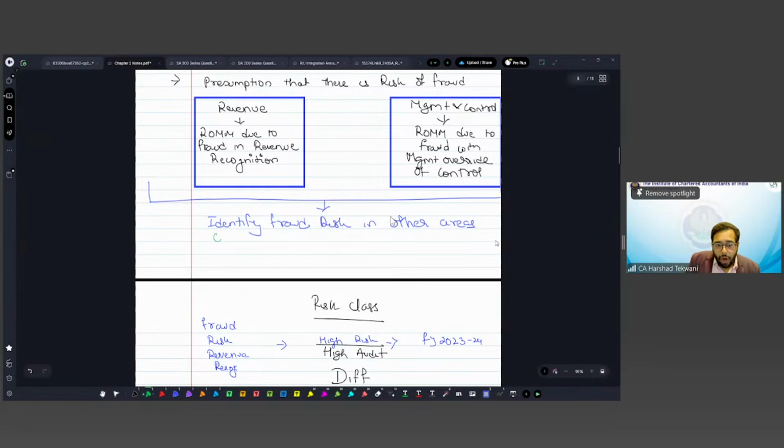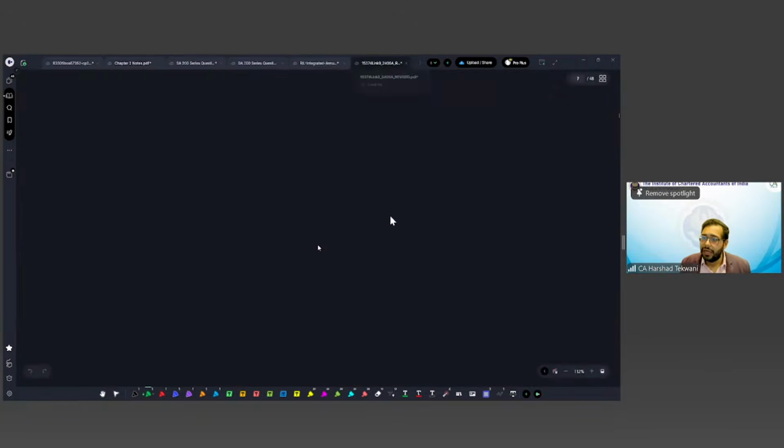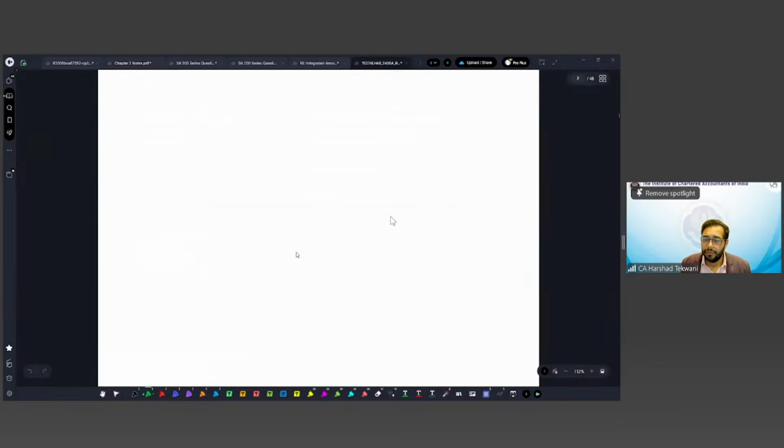This is nothing but objective number 1. If I go back to the standard: to identify and assess the risk of material misstatement in the financial statement due to fraud. Yes, absolutely correct. So that is my objective number 1.